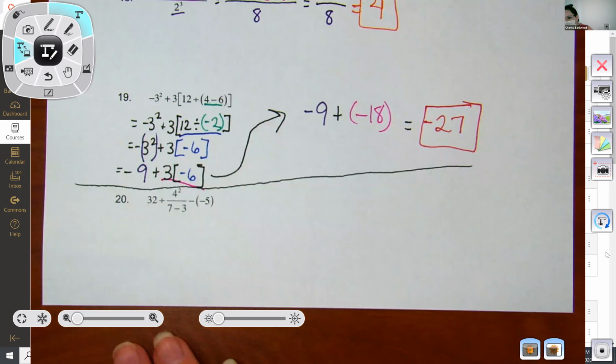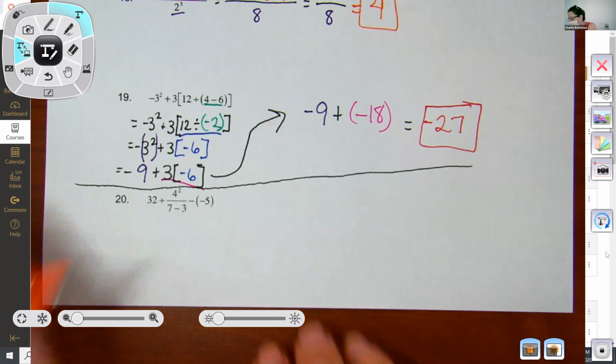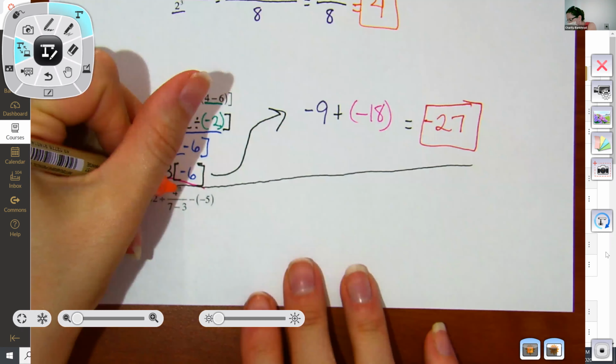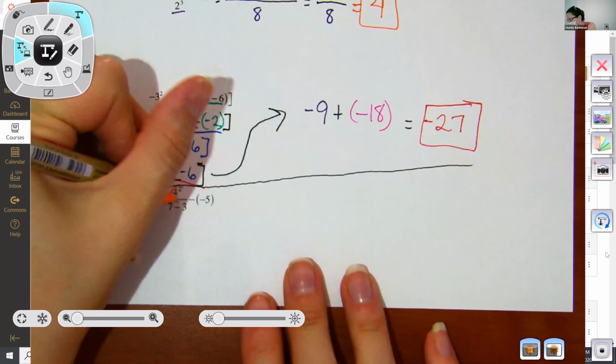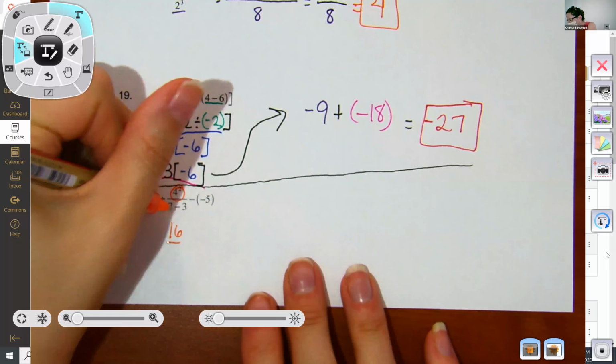All right, let's see here. I guess we should start with the fraction, because again, it's a grouping symbol, so it's like parentheses. So we can go ahead and do 4 squared is 16, and 7 minus 3 is 4.